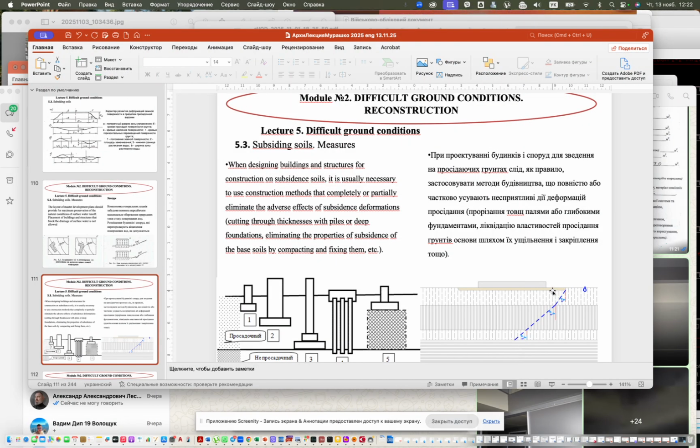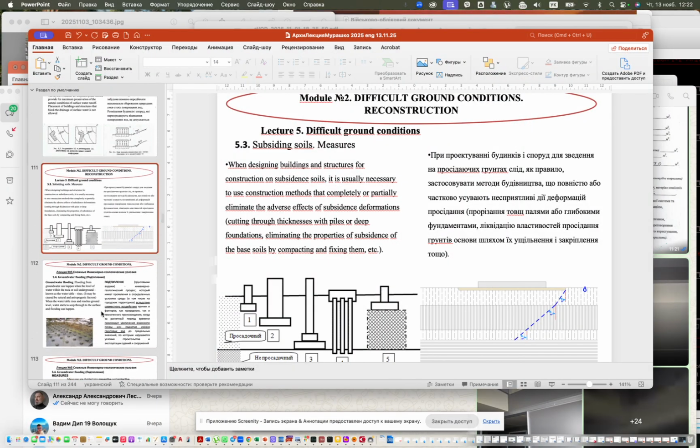Because when we calculated without this cover, this curvature was located in the middle of the foundation, and it led to significant inclines of the foundation. So here is the way we can protect our building from subsidence.